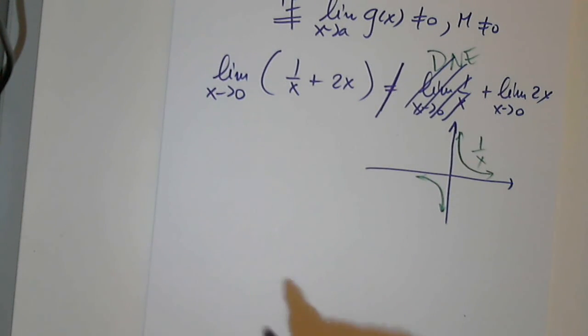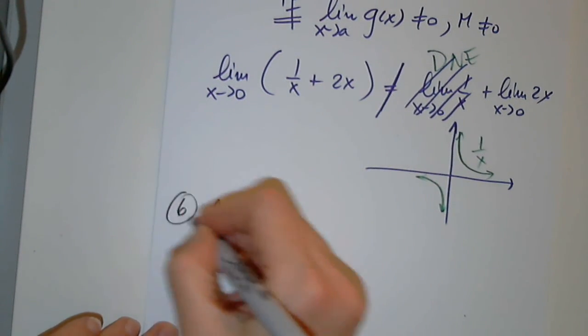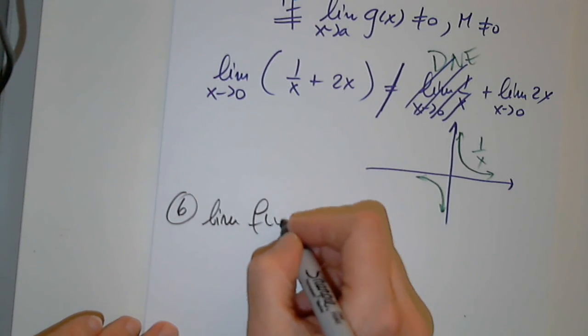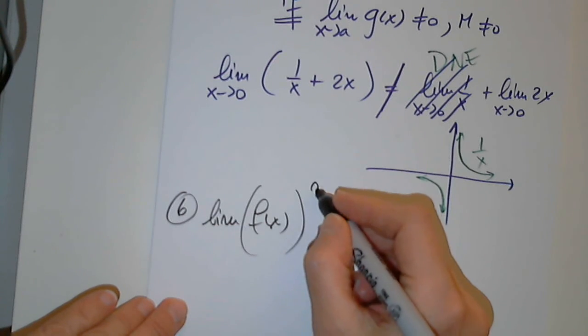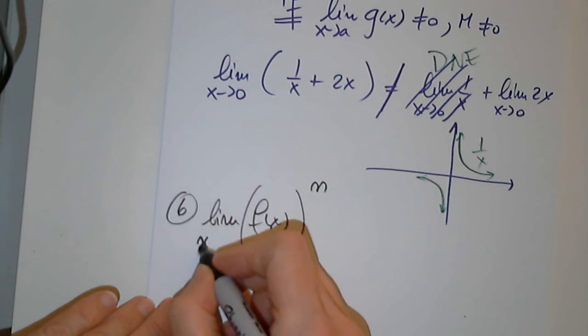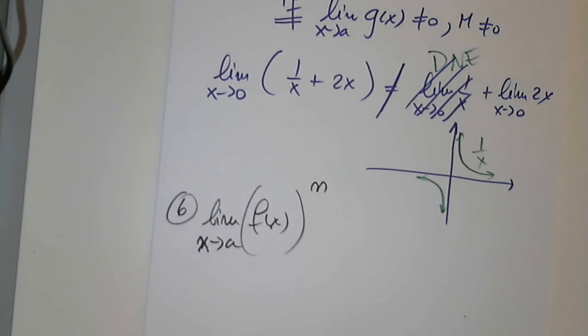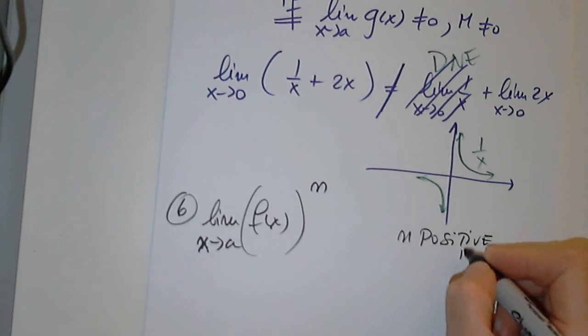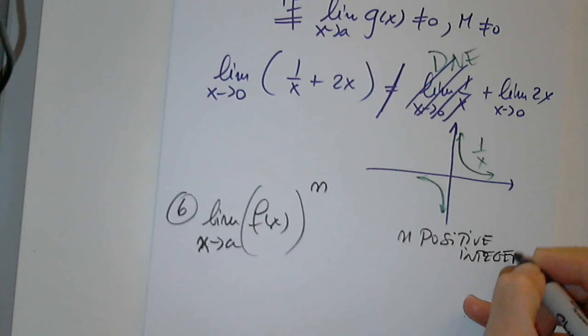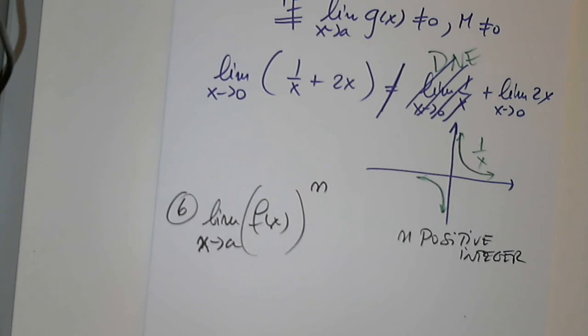Okay, next step. Limit, number 6. Limit of f of x, when f of x is raised to a power n, as x approaches a from either side. And let's assume that n is a positive integer, because if it's negative, this story is different.